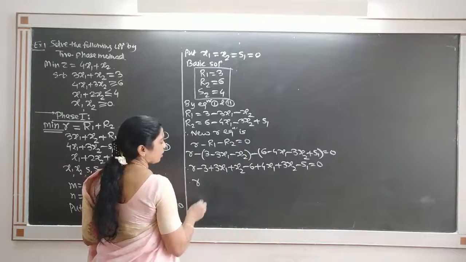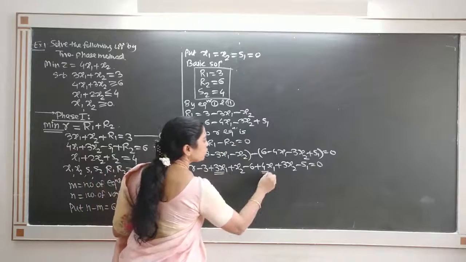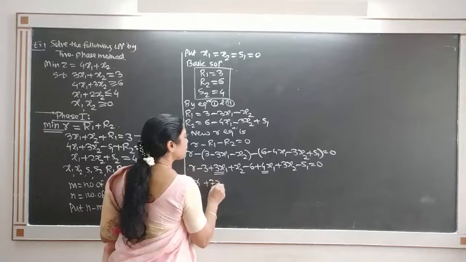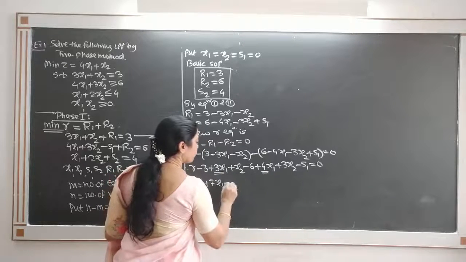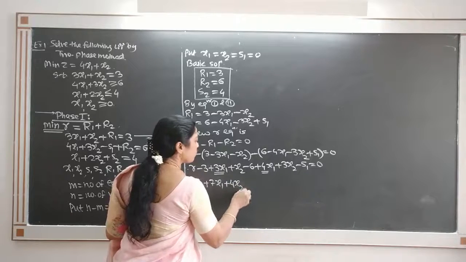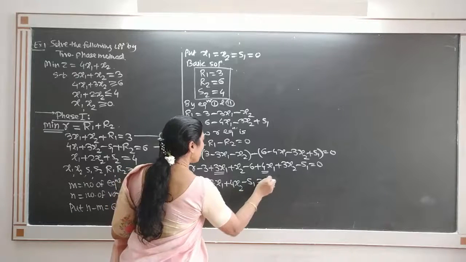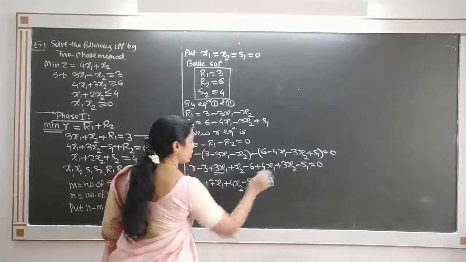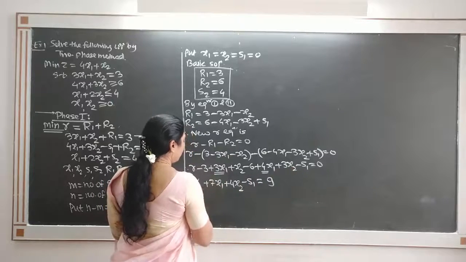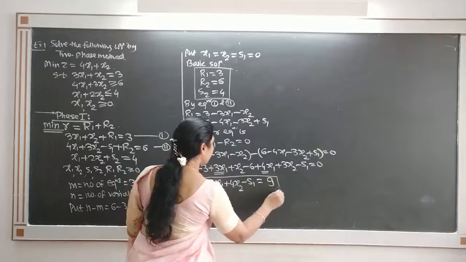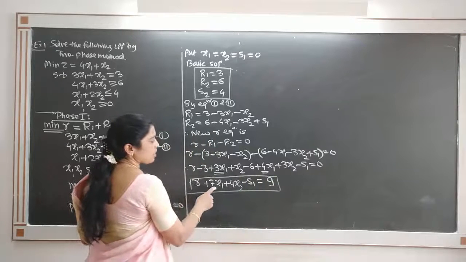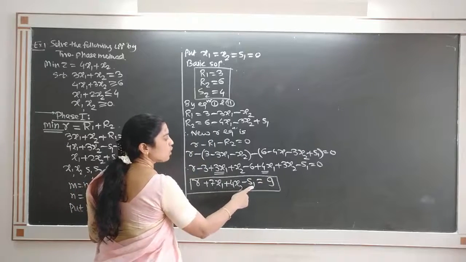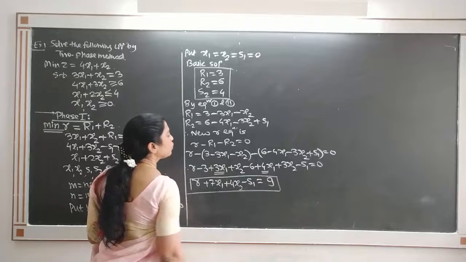Collect all x1 coefficients, plus 7x1, x2 coefficients plus 4x2, minus s1 equal to 6 plus 3, that is 9. So the new R row becomes R plus 7x1 plus 4x2 minus s1 is equal to 9.